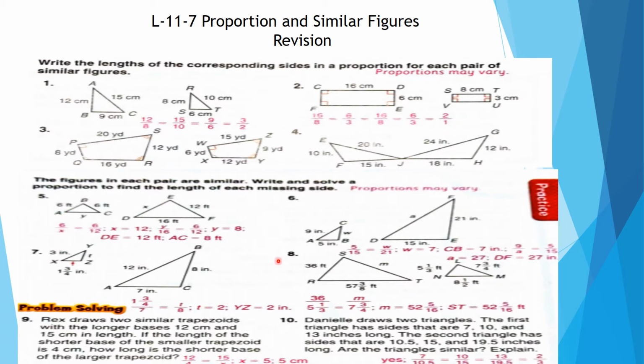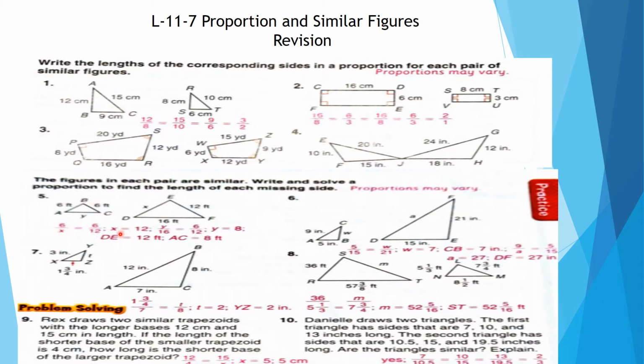In question numbers 5, 6, 7 and 8, find the unknown side. For example, here in this one, find X and Y. Which side is given? 6 by X and 6 by 12. Again cross product.